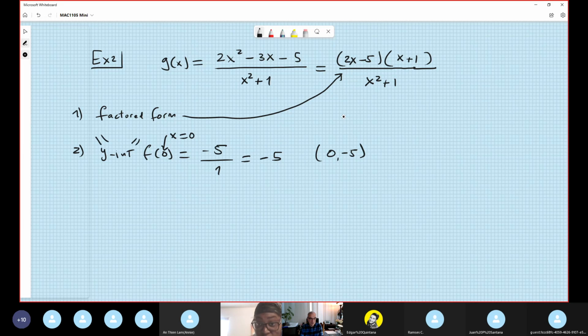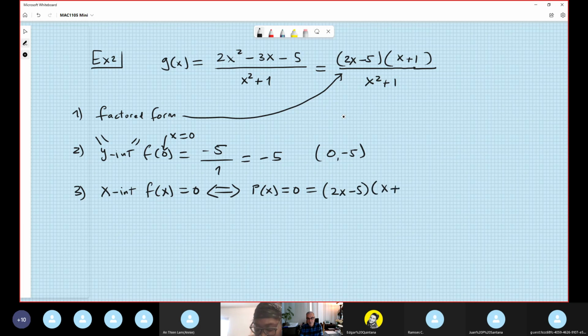Likewise, for finding the x-intercept, you take the function and force it to be 0. This is equivalent to taking the polynomial in the top equal to 0. For the polynomial in the top, I take advantage of the factorization I did.